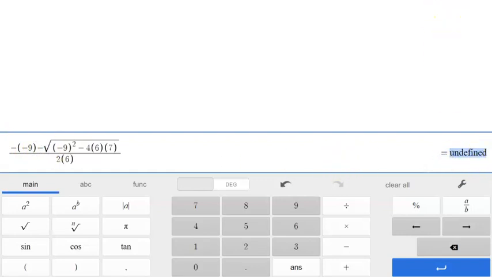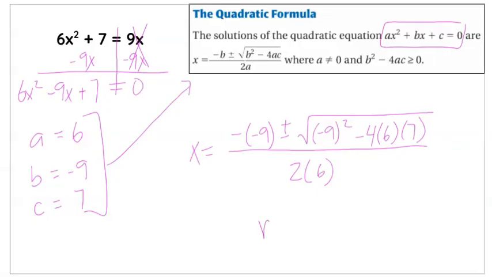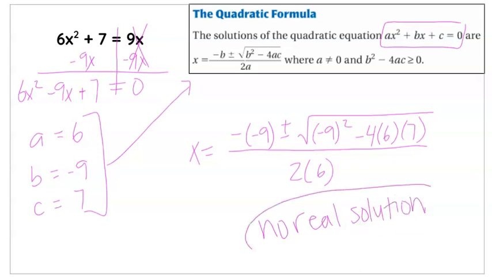And that is when we know we have no real solutions. So if you get that undefined when you type in your quadratic formula, that just means there are no real solutions, that that quadratic equation doesn't touch the x-axis at any point.